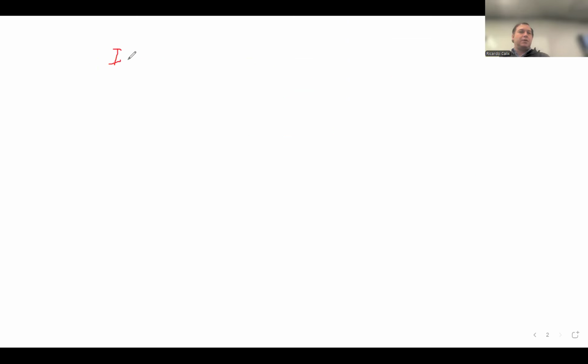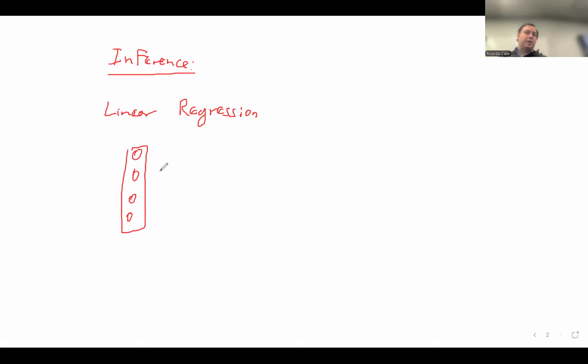We have the inference function. So we're going to have linear regression. That's going to be where we have a neural network, perhaps a very linear one that has just one output.